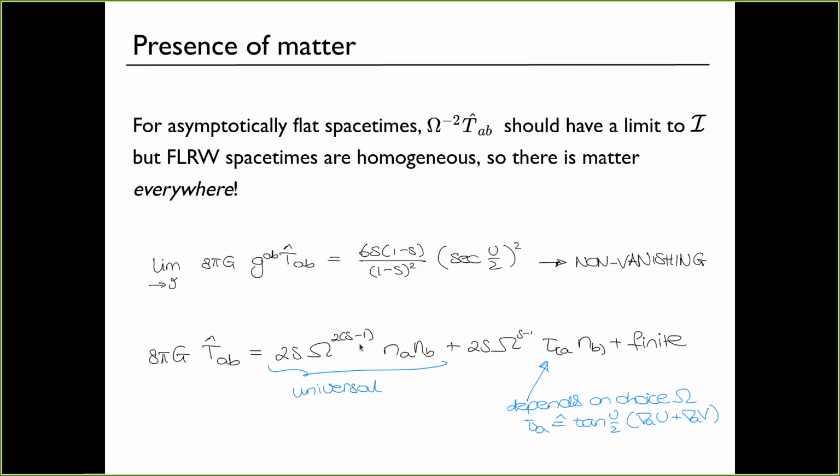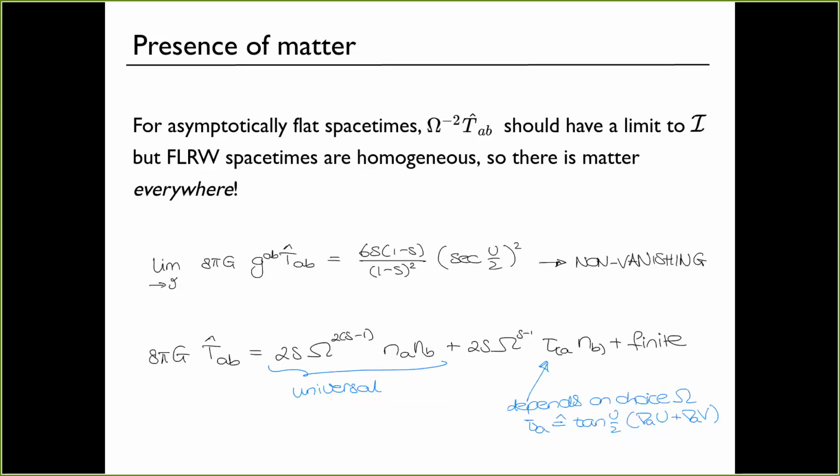So the matter parts are diverging, and then there are finite pieces. Quite different from the asymptotically flat case, where this T hat AB starts to be non-zero not within this finite part, but at order omega, so much higher order.